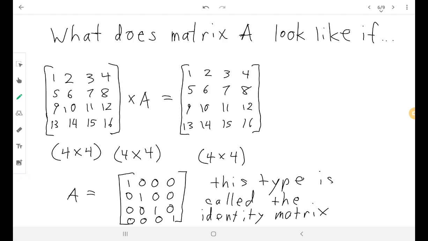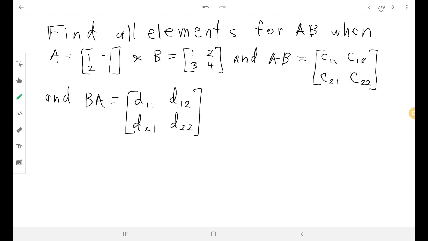Now, this is a special thing where it actually is commutative. So if I did it in the other order, it would also work. If you want to explore more of that, you can explore it on your own, but those are the big facts that you need from that.